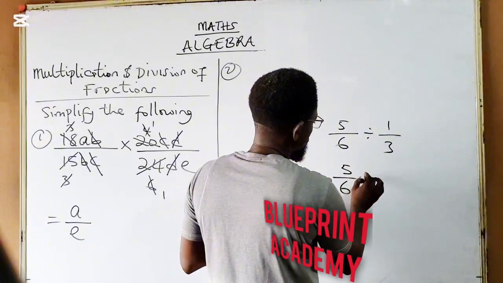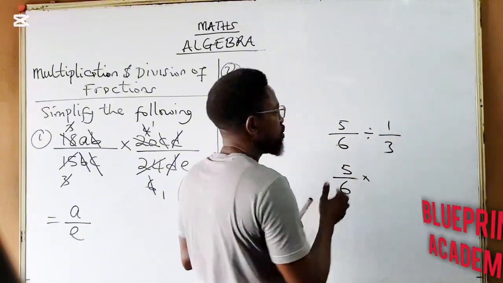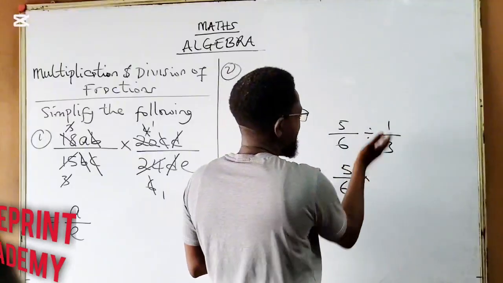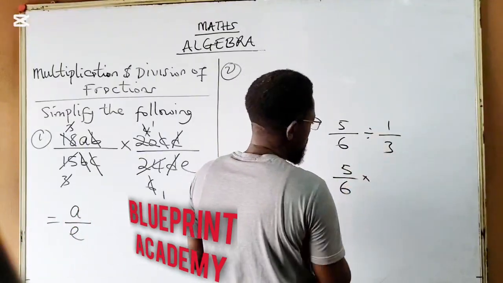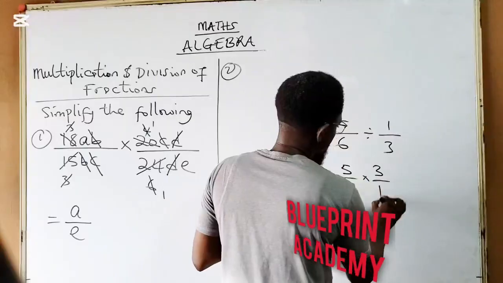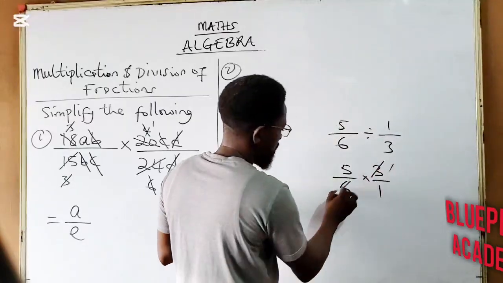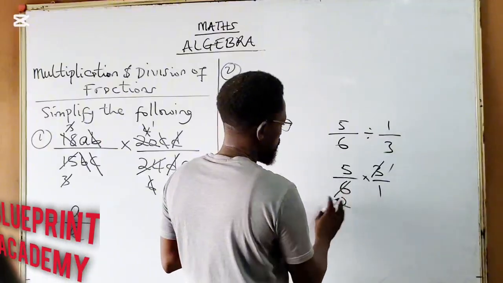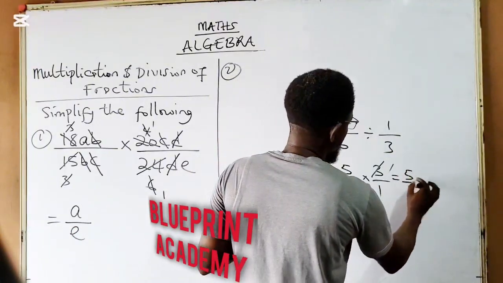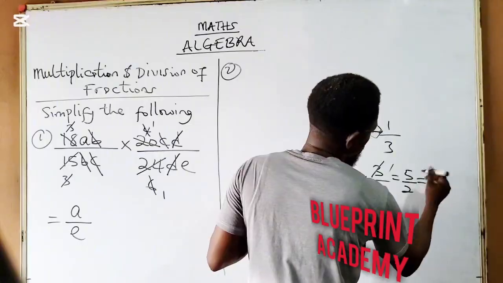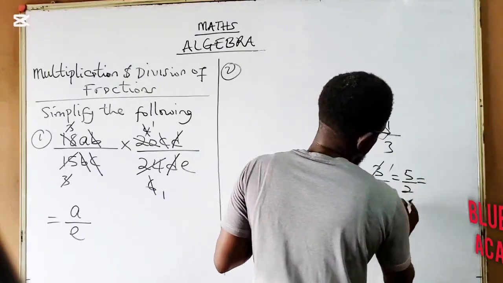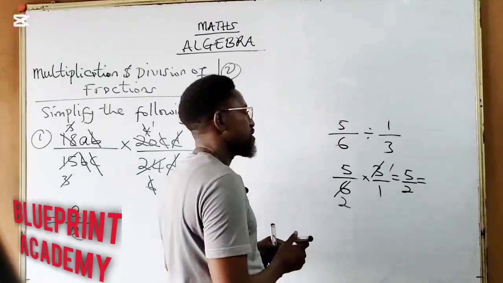You change this division to multiplication, and anytime you change division to multiplication, you need to invert. This one was 1 over 3, we can now write it as 3 over 1. So 3 here is 1, and 3 here gives 2. So the final answer becomes 5 over 2. Or you can divide that now and put the answer in fraction.